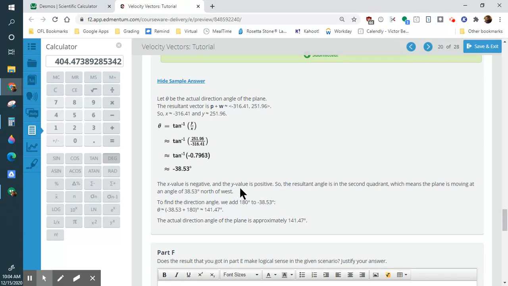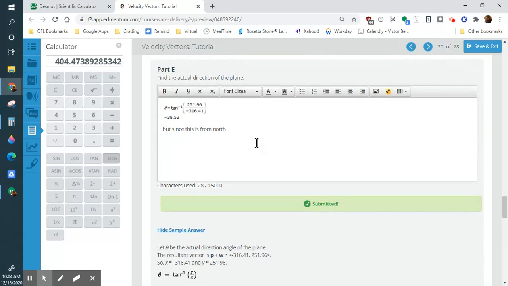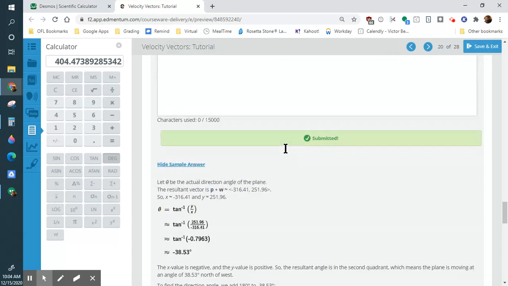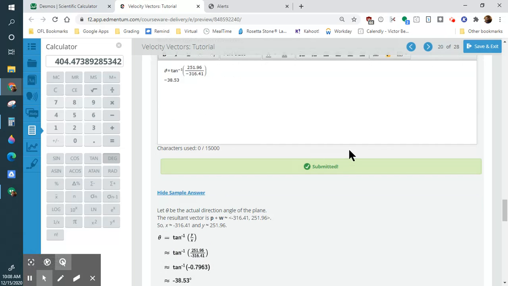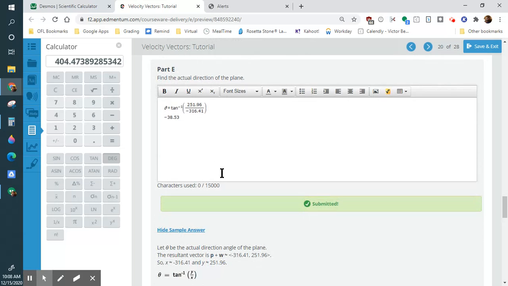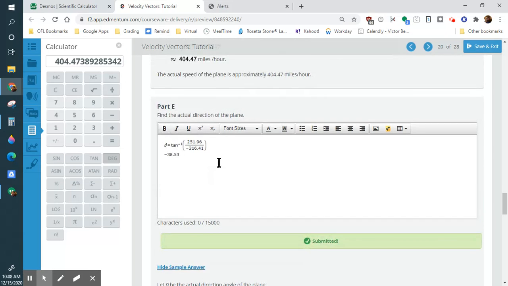The x value and the y value is positive, resulting in this. We get a theta here, and we still need to do this from 180. So yeah, it's a little weird. Doing this, we get this negative angle here. Oh, give me a second.